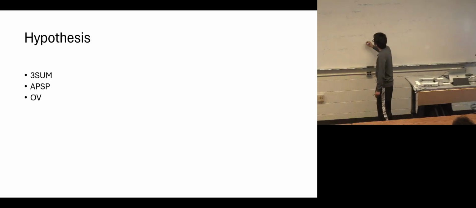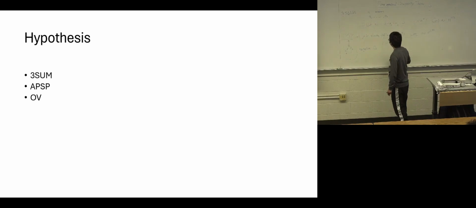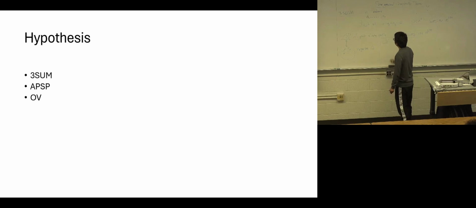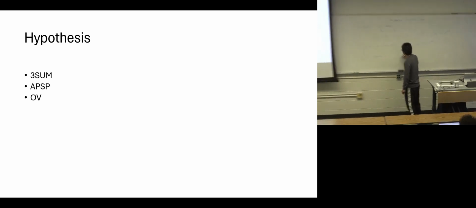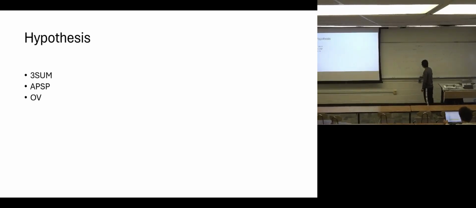The last question is this. It's called orthogonal vectors, which is defined like this. Let's say you have a 0, 1 matrix A. Here is of size n, here is of size, let's say, log squared n.